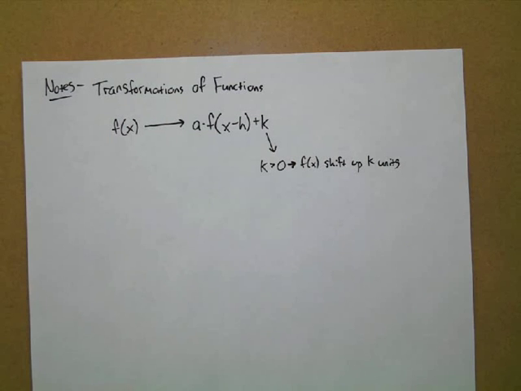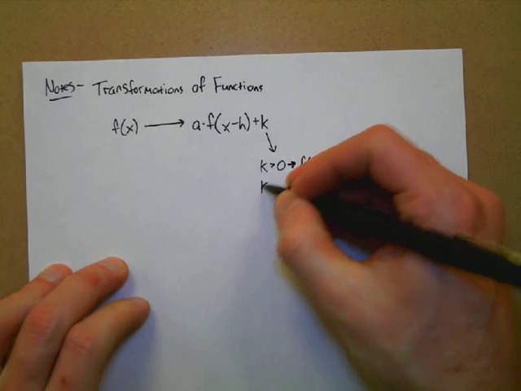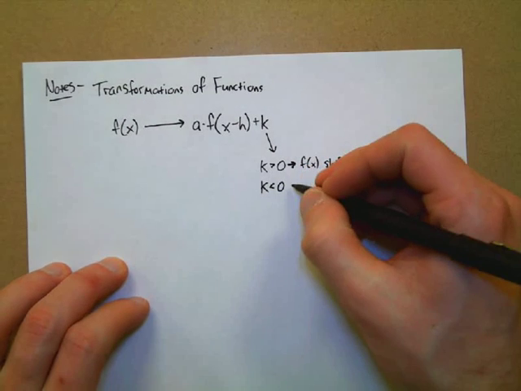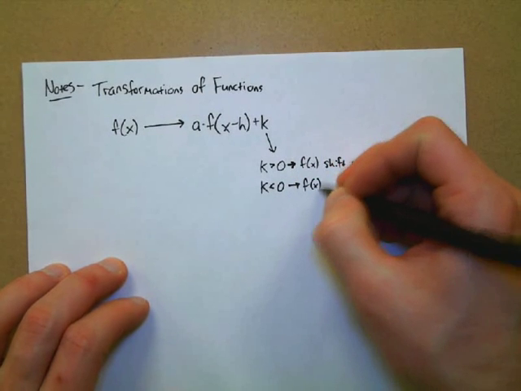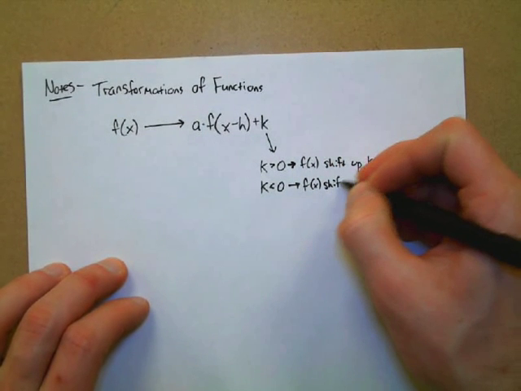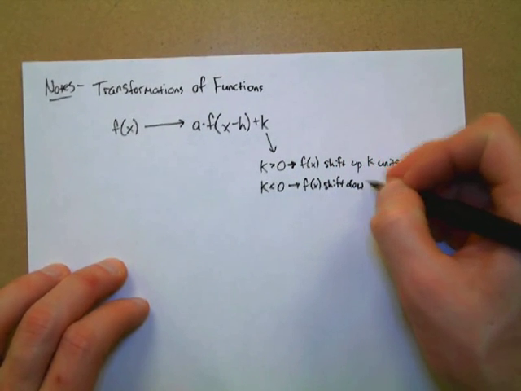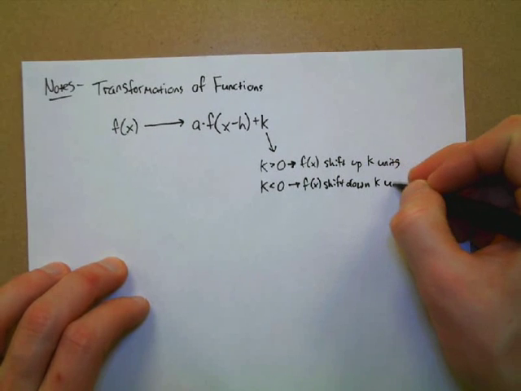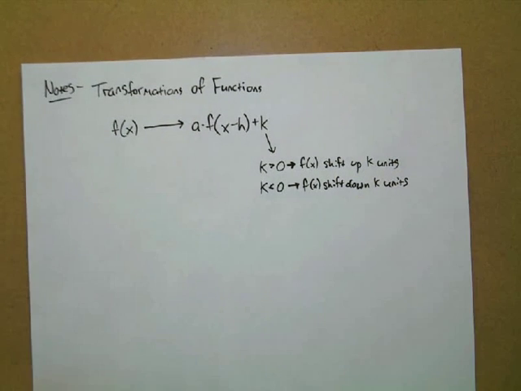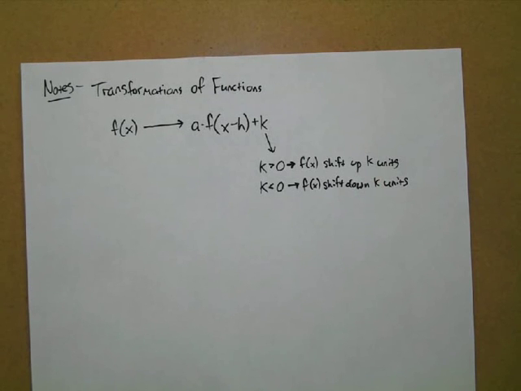Well then, if k is less than 0, f of x will shift in which direction? Yeah, down. It's just opposite. And if k is 0, what happens? It doesn't go anywhere. It stays the same, because if you're shifting 0 units, it's staying where it started.